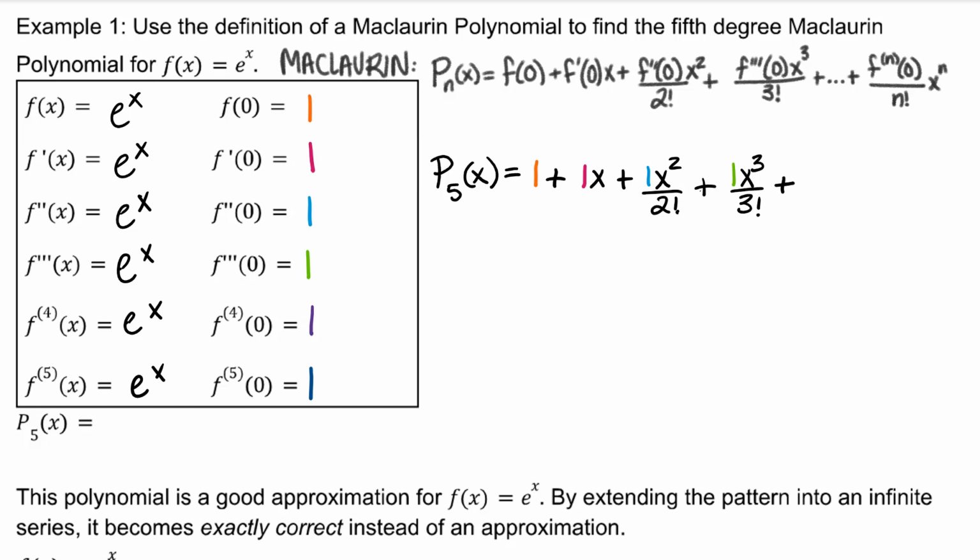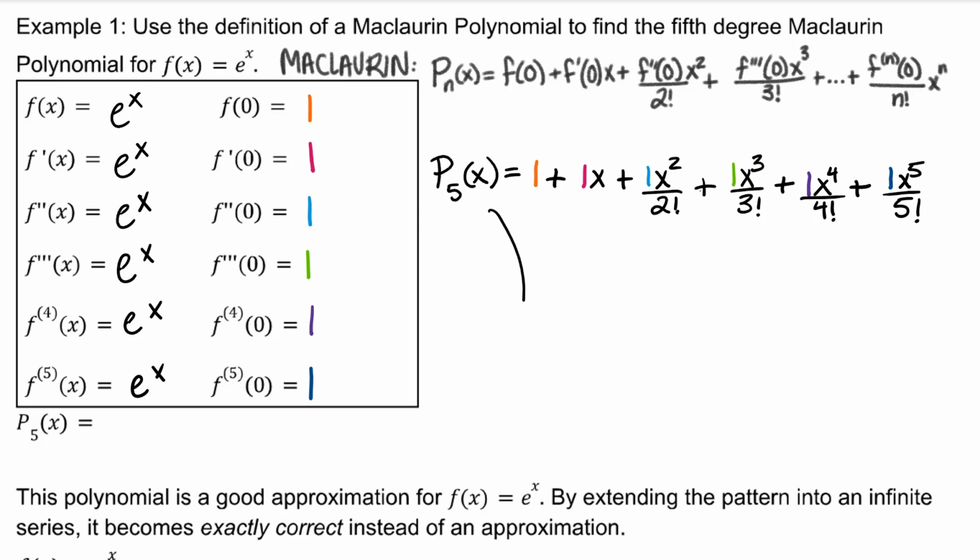Ours is 4th degree, so the next one would be the 4th derivative at 0 times x to the 4 over 4 factorial. And our final term will be the coefficient, which is 1, times x to the 5 over 5 factorial. This is the 5th degree Maclaurin polynomial for e to the x.